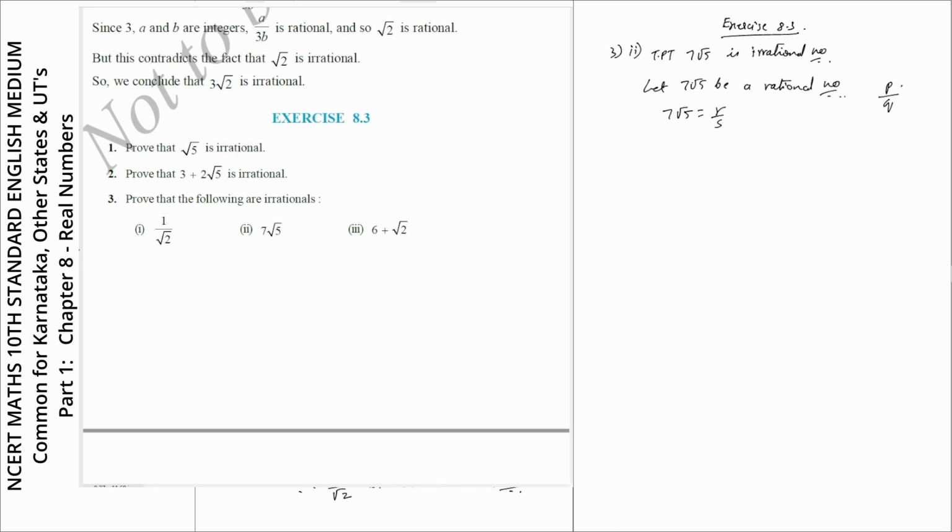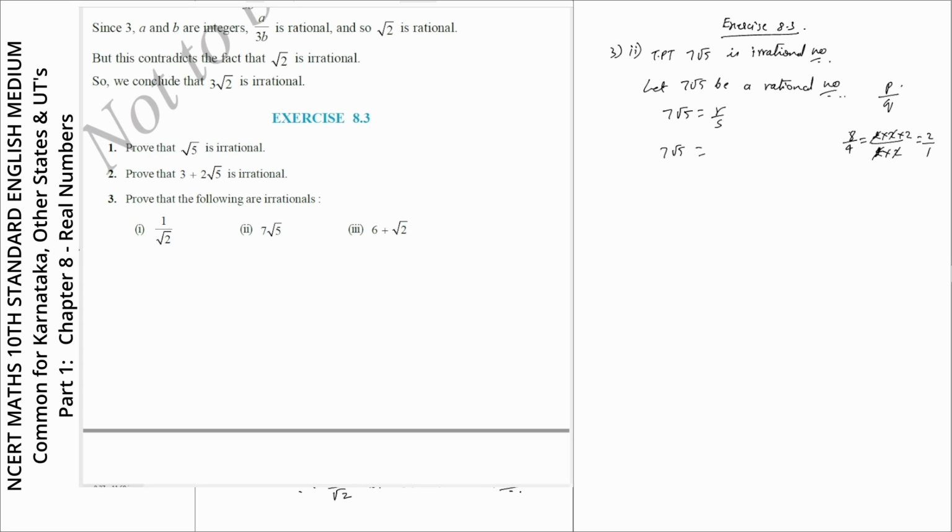Now r and s will have some common factor which I can cancel. For example, 8 by 4 I can write as 2 into 2 into 2, and 4 I can write as 2 into 2. Now these common factors I can cancel, and 8 by 4 is equal to 2 by 1. Similarly here 7 root 5 is equal to r by s.